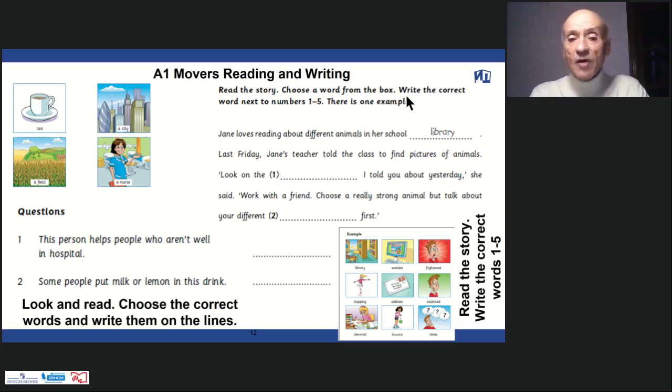Read the story, choose a word from the box, and write the correct word next to numbers 1 to 5. This is more challenging, and the range of words is bigger. We've got nine words to choose from.